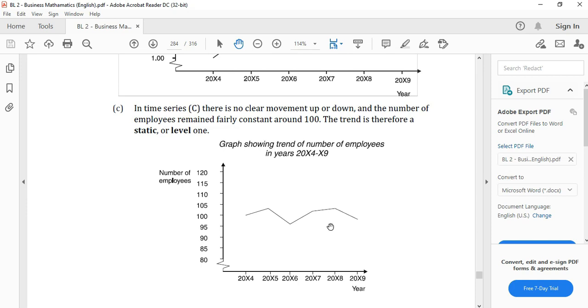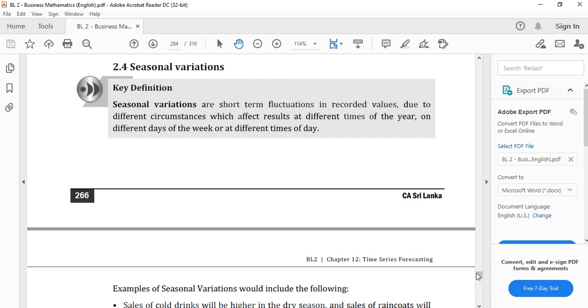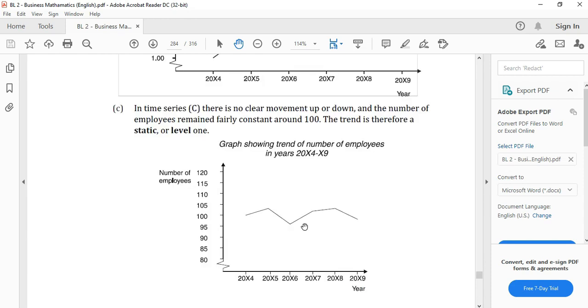It's like the angle of a straight line, like the fixed cost, which is a horizontal line. That type of graph is called a static or level trend.